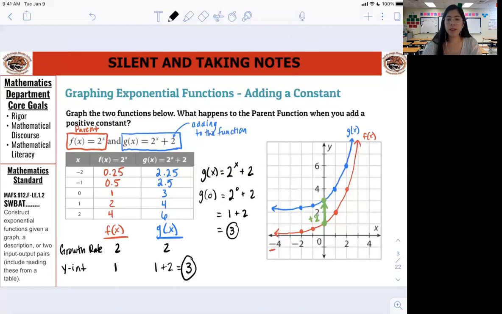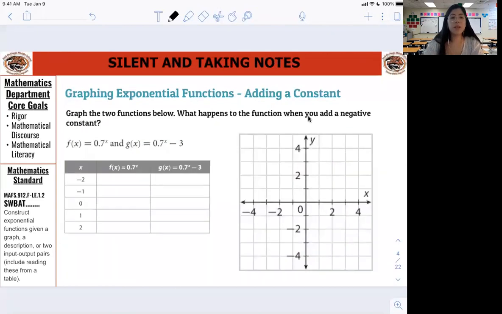Okay. All right, let's take a look at another one. So now I've got these two functions, but do I have the parent function anymore? No, no parent function. I have something else.